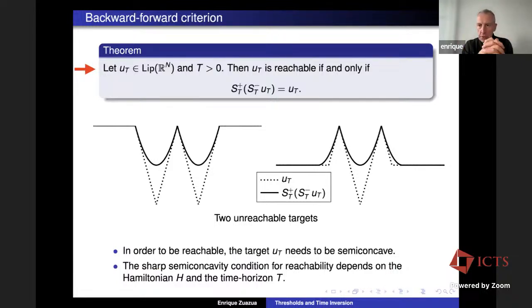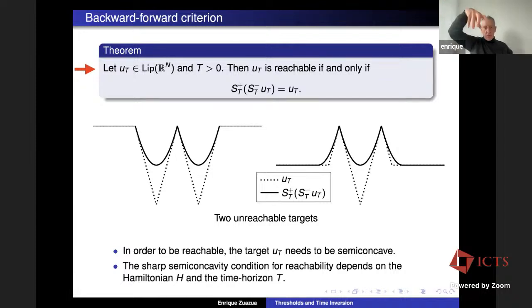So now this is the first clarifying result that you can then also translate to Burgers'. It says, give me a function u at time capital T. Will this function be coming out of a solution of Hamilton-Jacobi? Well, the answer is yes, if and only if, when you take this measurement at time capital T, you solve it backwards with Hamilton-Jacobi and then solve it forward with Hamilton-Jacobi, right?